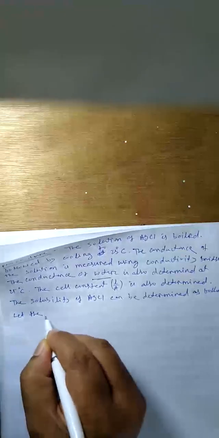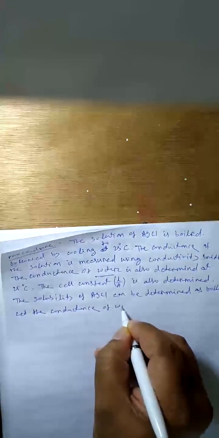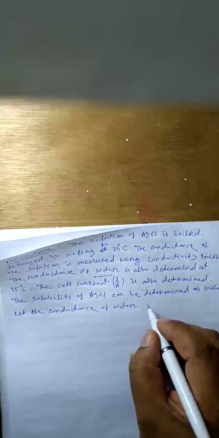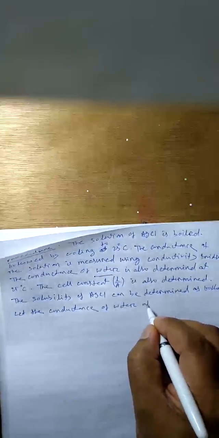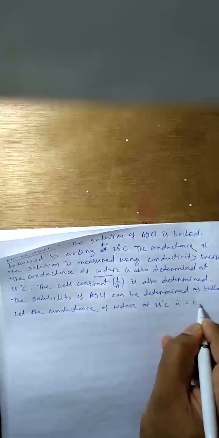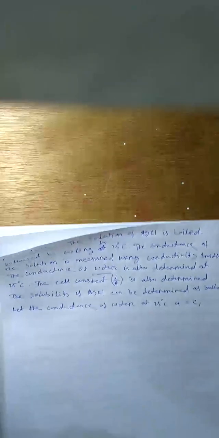Now let the conductance of water at 25 degrees centigrade be C1. Water means the water in which the silver chloride solution is prepared.